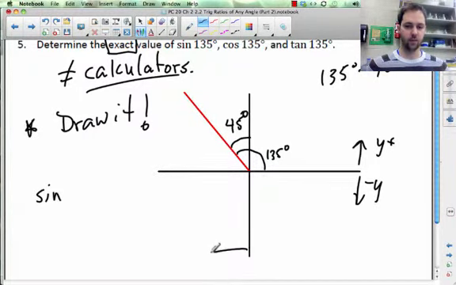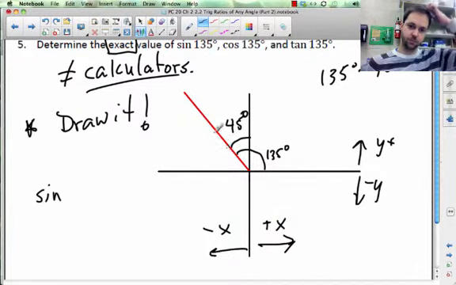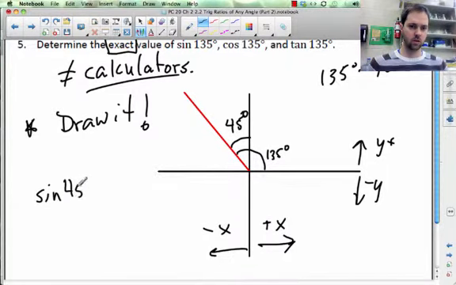Everything to the left of the y-axis is negative x, everything to the right of the y-axis is positive x. So this will be a positive y and a negative x. So therefore sine of 135 is the same as sine of 45, and it will still be positive.